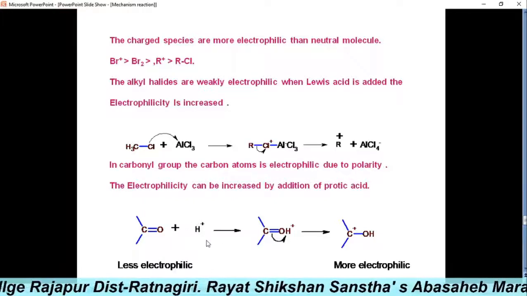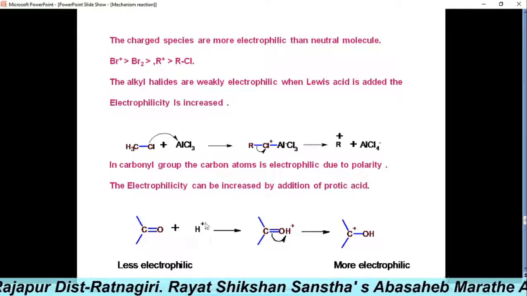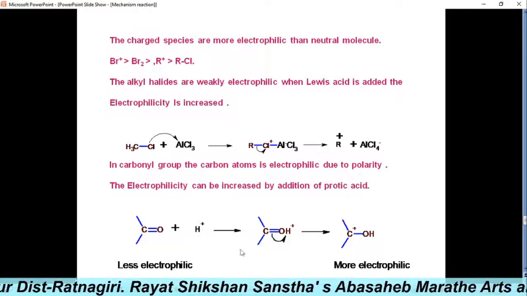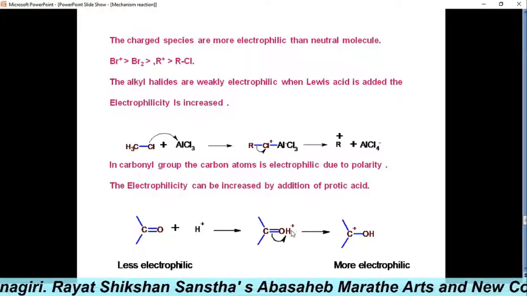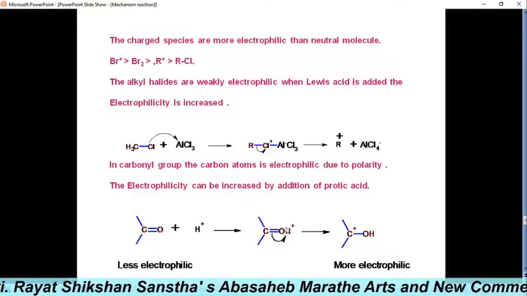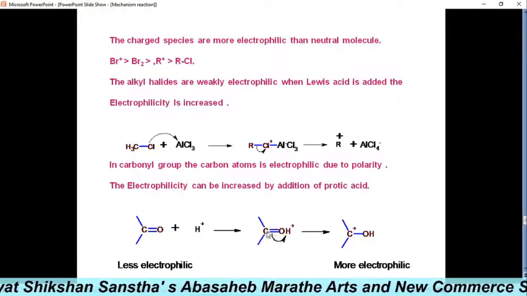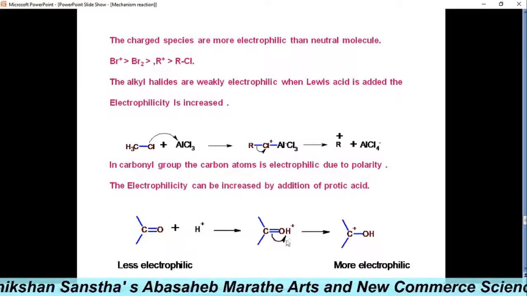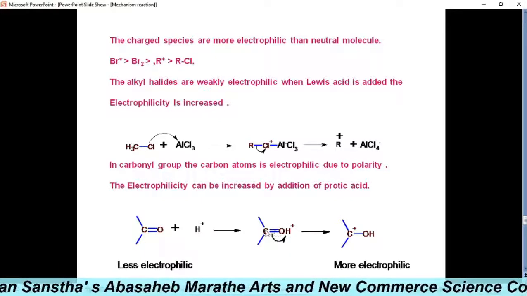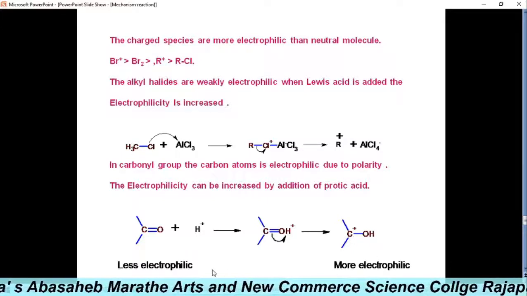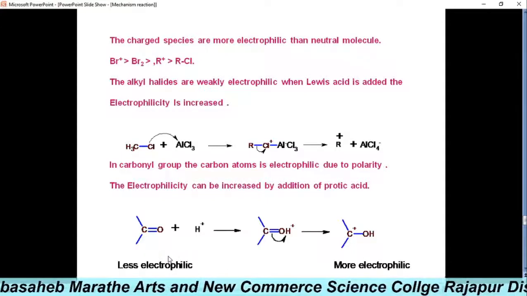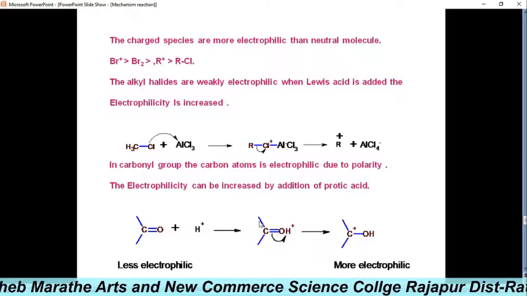We add this protic acid, H plus, to protonate the oxygen and form a positive charge on it. Therefore, the electrophilicity of the carbonyl carbon will be increased. So this is more electrophilic, and this is less electrophilic.